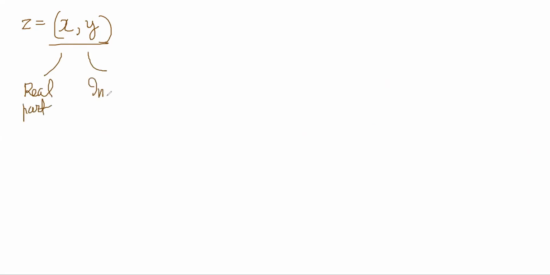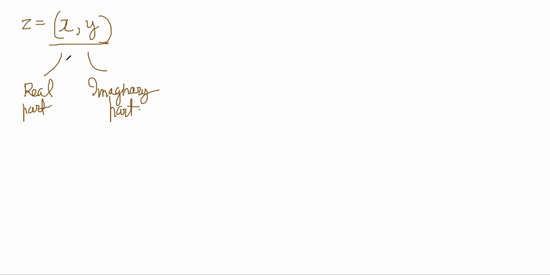Once you understand this, it is actually fairly straightforward. You define it as an ordered pair of real numbers. So each complex number has two parts. One is a real part and one is an imaginary part. Again, the word imaginary is a bad word to choose. I mean, it's not imaginary. It's just called imaginary by convention.